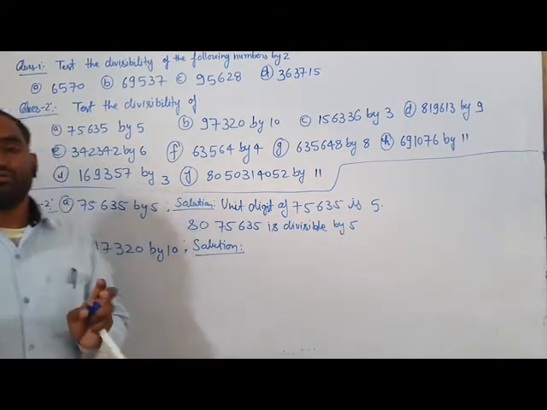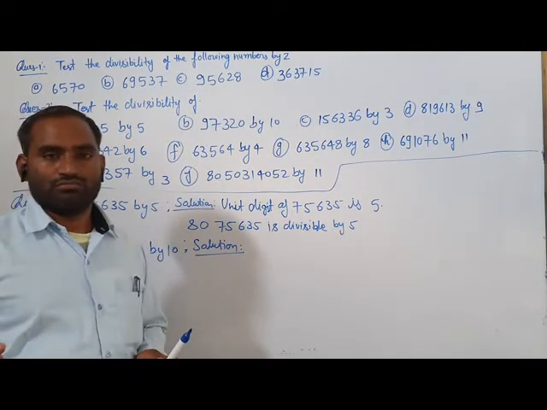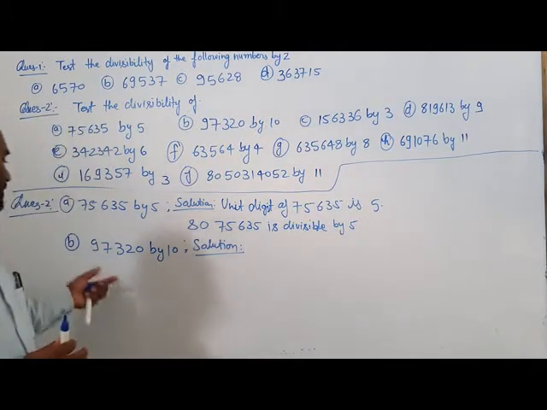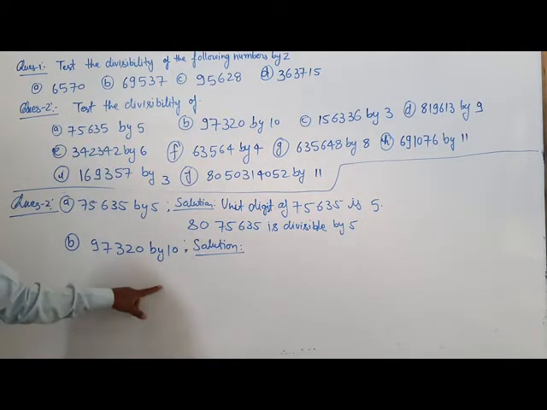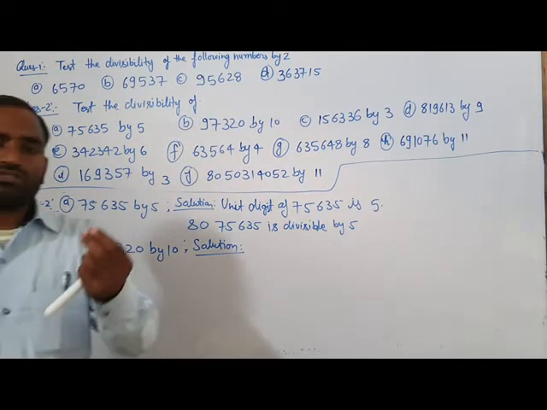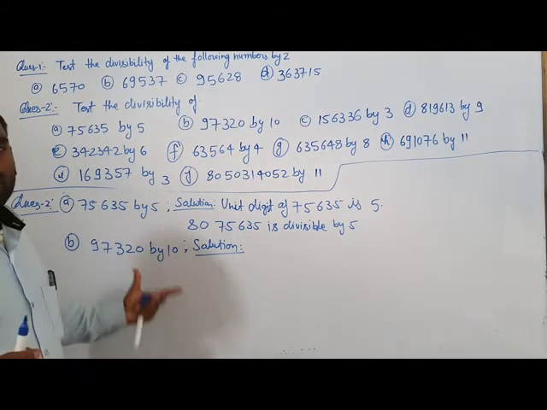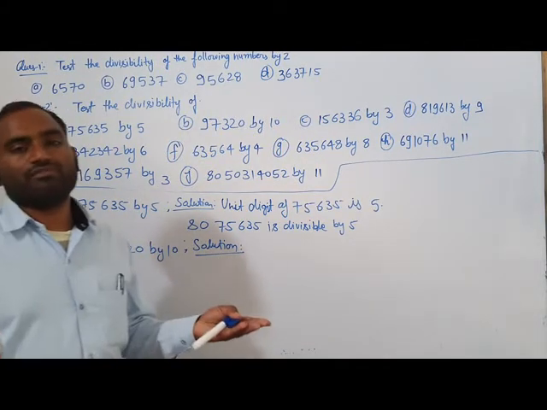If the unit place of any number is 0, then the number will be divisible by 10. If the unit digit in a number is 0, then the number is divisible by 10, otherwise the number will not be divisible by 10.